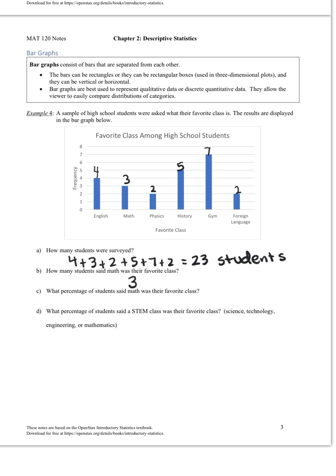What percentage of students said math was their favorite class? So in this case, the number of students that answered math was 3. The total number of students was 23. Now let's remember here that a fraction means we can divide. Top divided by bottom.